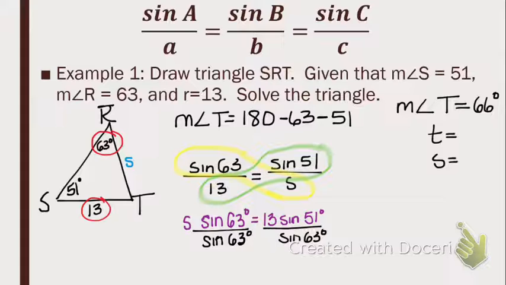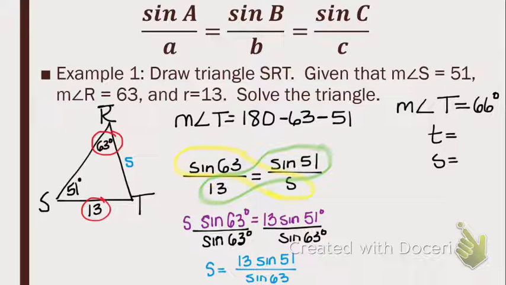And when you type that in your calculator, you have that side S equals 13 sine 51 divided by the sine of 63. So type that in your calculators.